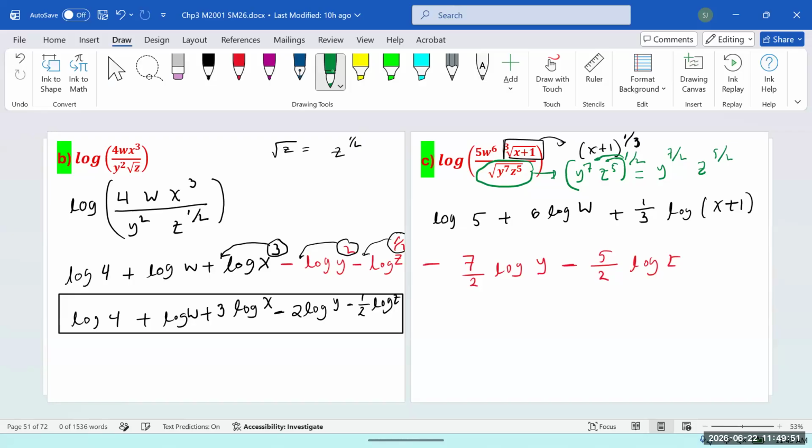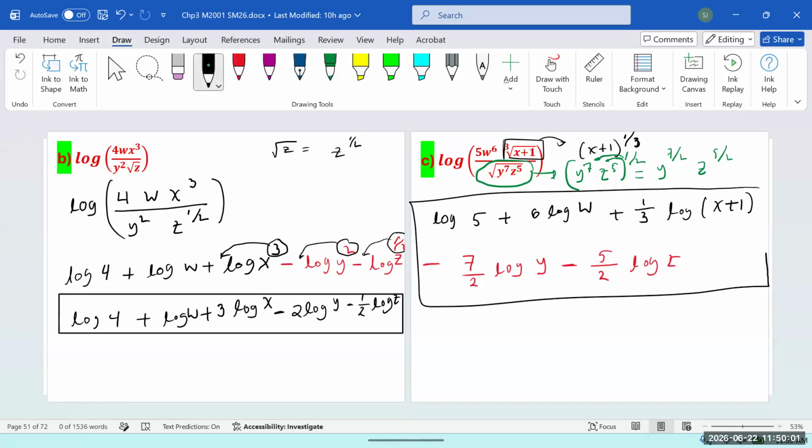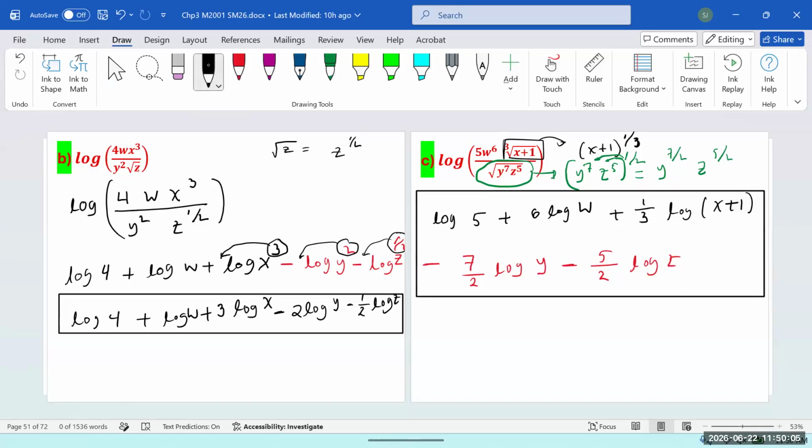And then we bring down all the powers as coefficients, and we keep our base as arguments. So I expect to see this type of complicated level in the final exam, and definitely in the in-class exam.